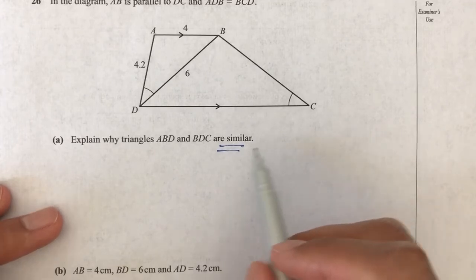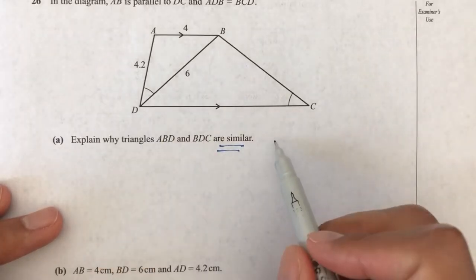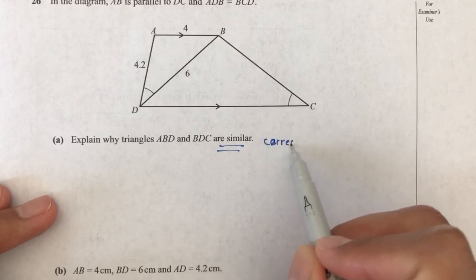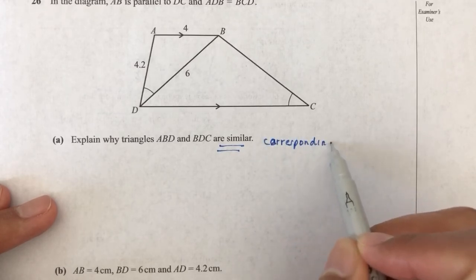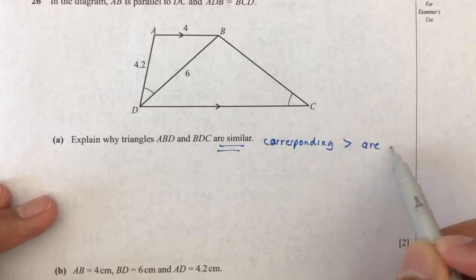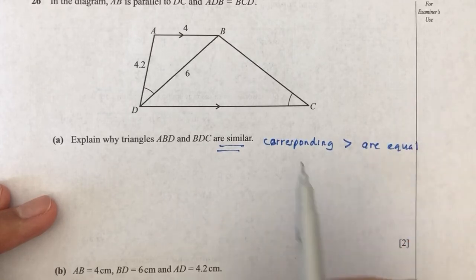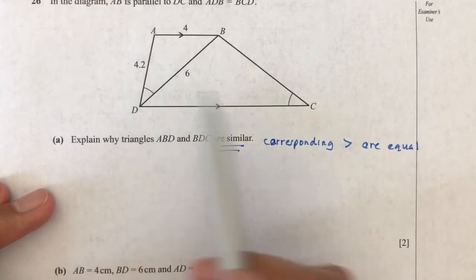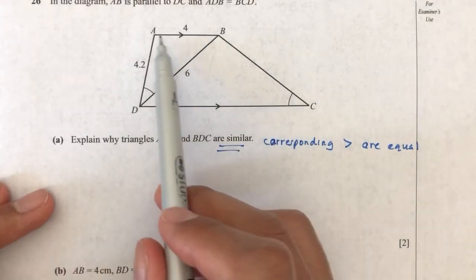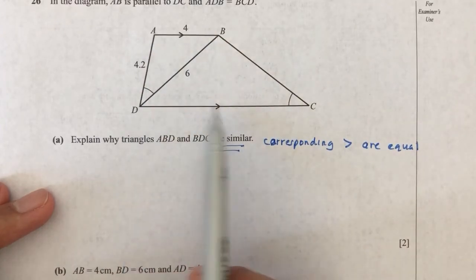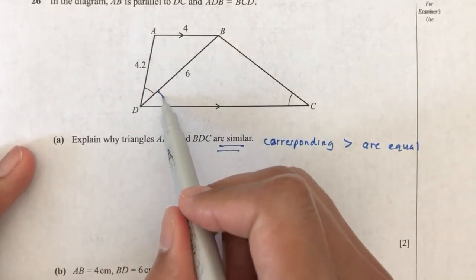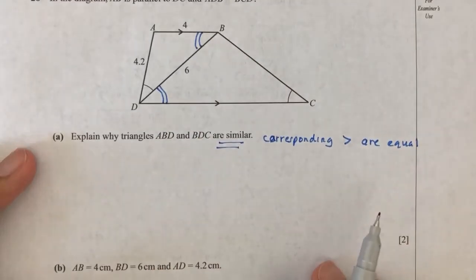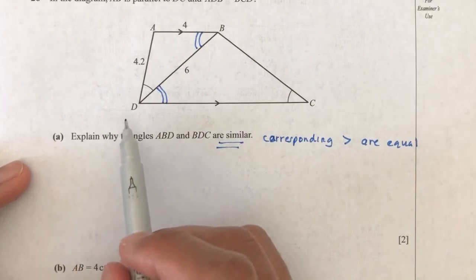So one way we can prove a triangle is similar is by proving that their corresponding angles are equal. So here we can see this is the same angle, and also since these two lines are parallel with each other, it means that this angle here would also be equal to this angle here. So here we have proven that.